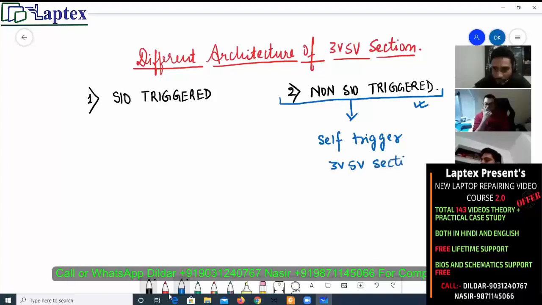And the SIO trigger will include PSL logic. You will come across PSL logic, and how that PSL logic will trigger the 3 volt, 5 volt section. You will also come across the N-trip SIO interface.